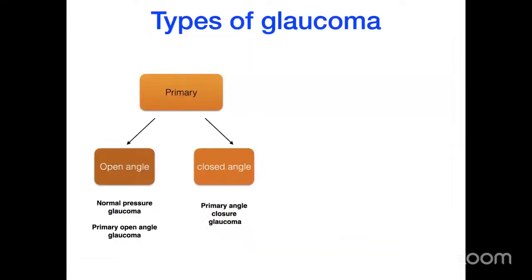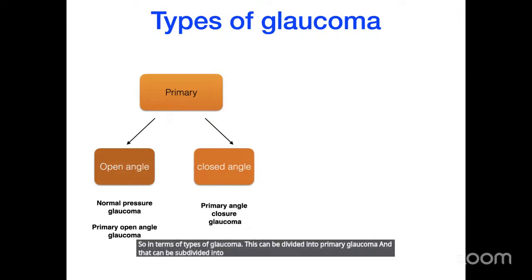So, in terms of types of glaucoma, this can be divided into primary glaucoma, and that can be subdivided into open angle glaucoma, i.e. that drainage angle that we spoke about, and closed angle glaucoma.